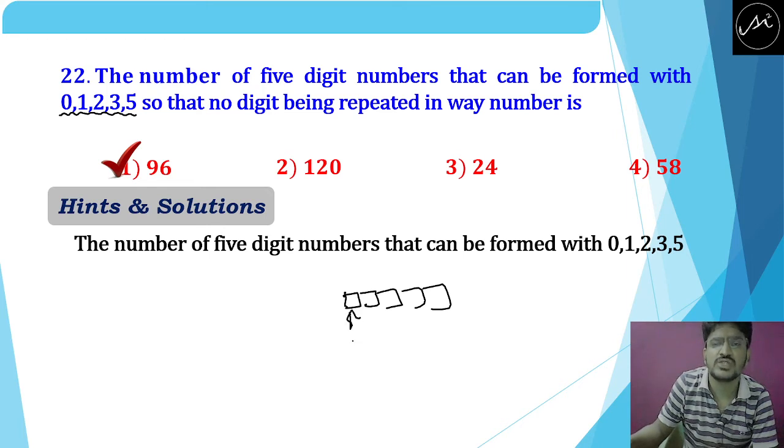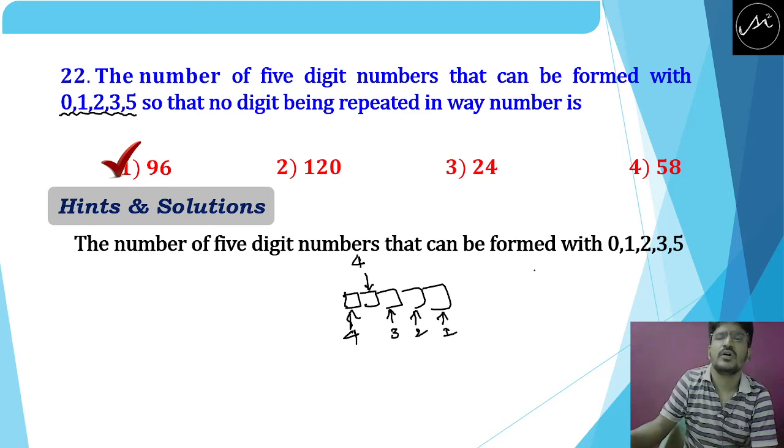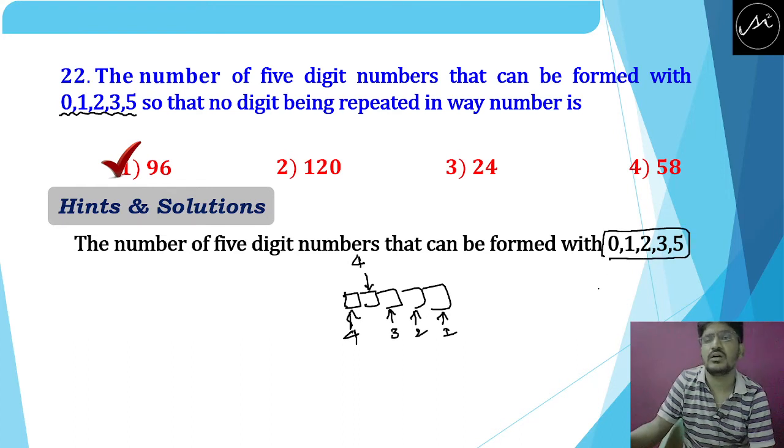0 I can't use here, so that it has got only 4 choices. It has got 4 choices because no digit is repeated, because already 1 is used. So it has got 3 choices. It has got 2 choices. It has got 1 choice. Okay. Because you see here there are 5 digits.